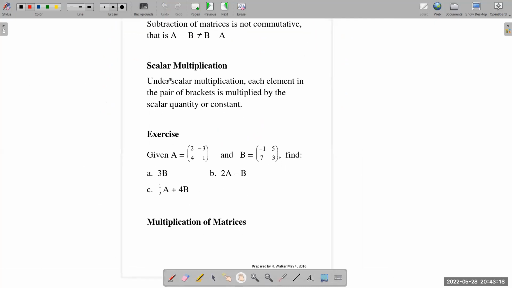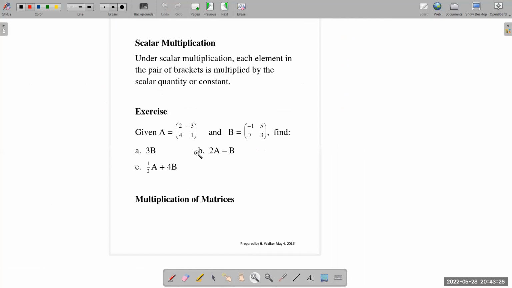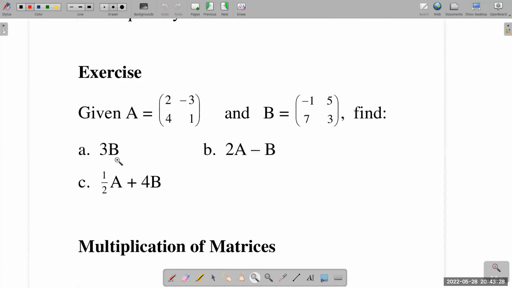Now, we have scalar multiplication. Scalar multiplication is when we use a number to multiply the bracket. So if we look here, if we have A and I ask you to find 2A, what does that mean? 2A means 2 times A. That means all of the elements in A we have to multiply by 2.